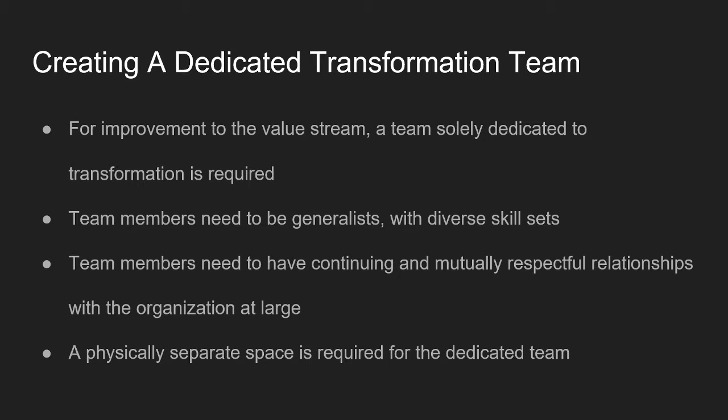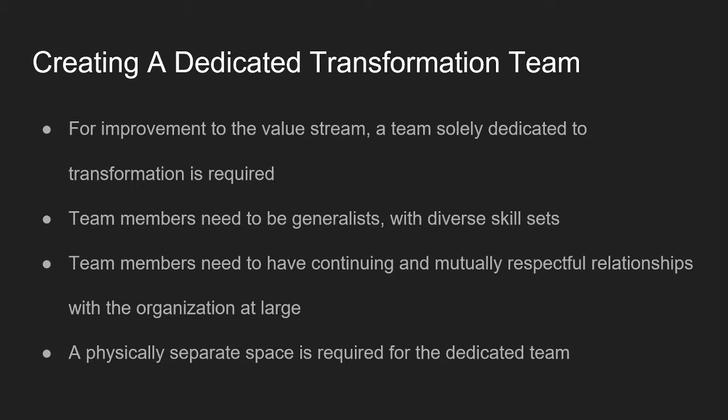Another thing that we need to do is create a dedicated transformation team. For improvement to the value stream, a team solely dedicated to transformation is required. Team members need to be generalists with diverse skill sets, especially when the customer requirements are specific, so we need diverse people who can perform different tasks.